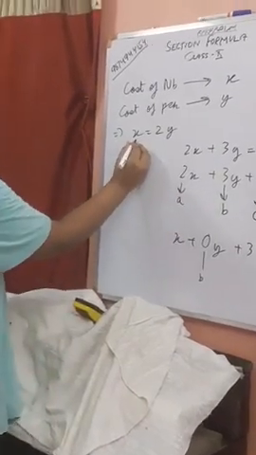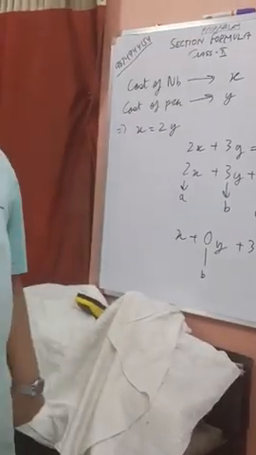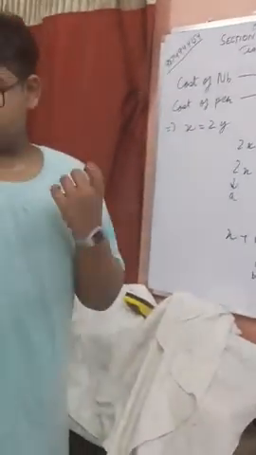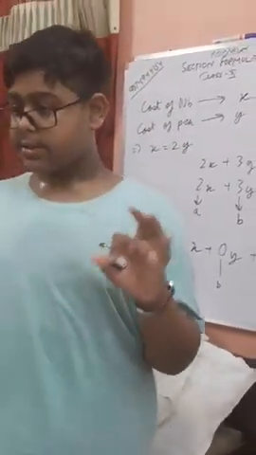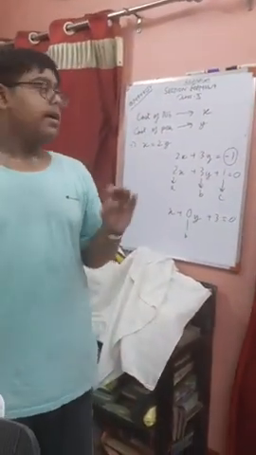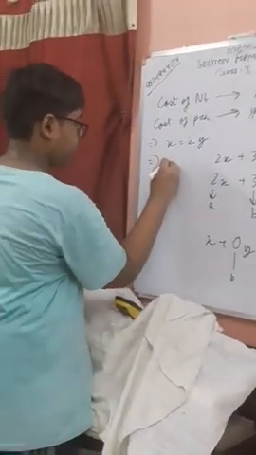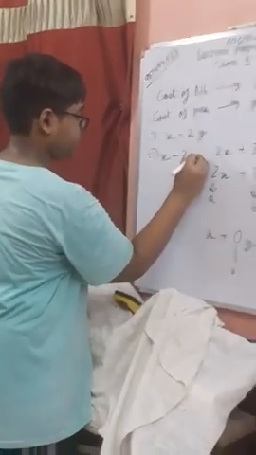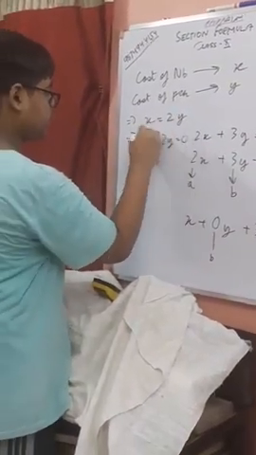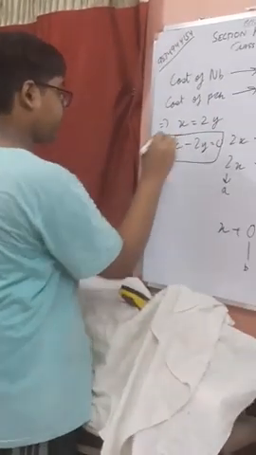This is just x is equal to 2y format, but we will write this in a linear equation format, which will be x minus 2y is equal to 0. Now this is the final answer.